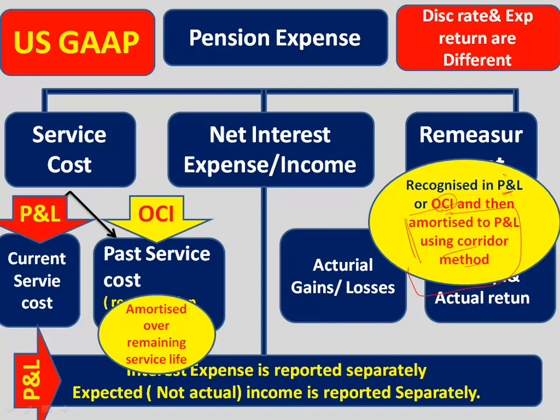It can be recognized in P&L directly or it can be recognized in OCI and then amortized using corridor. Both the methods are allowed.